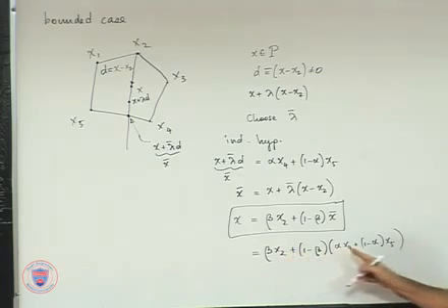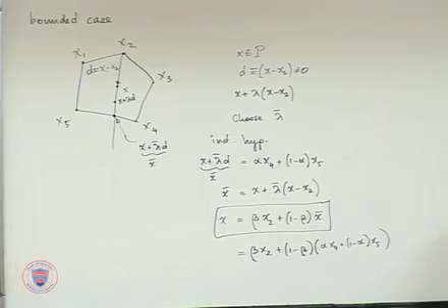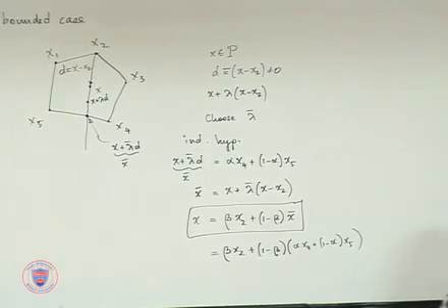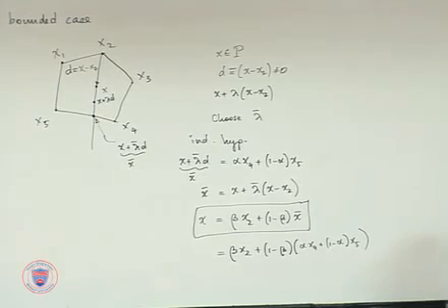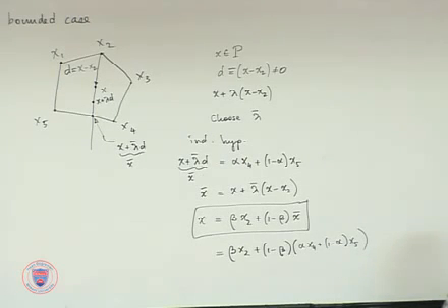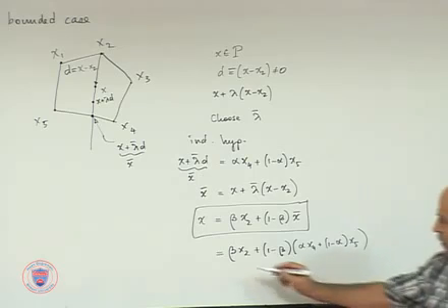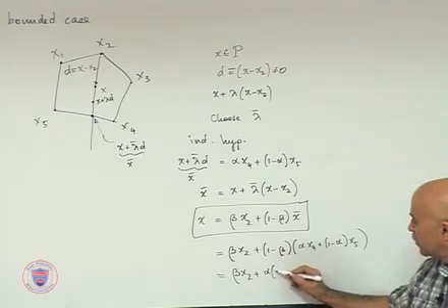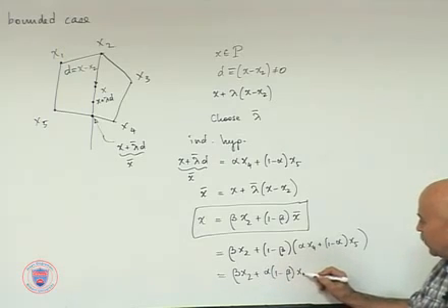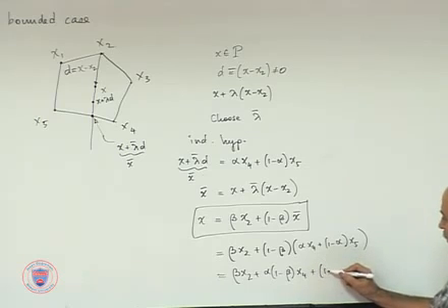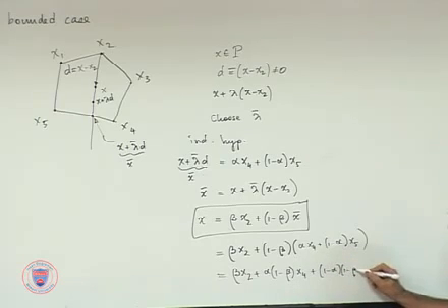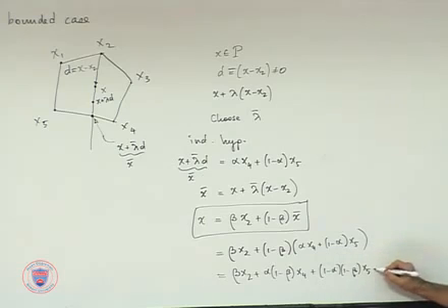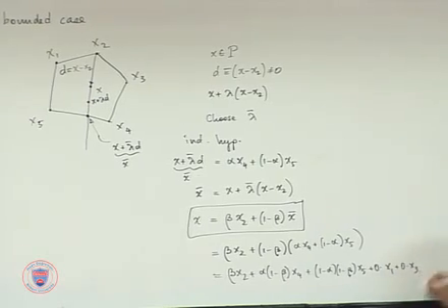So everything here is an extreme point. So the multipliers in front of those extreme points better satisfy the 0, 1 interval requirement, plus they should add up to 1. Do we have that? Beta x2 plus alpha times 1 minus beta x4 plus 1 minus alpha, 1 minus beta x5, plus, of course, 0 times x1 plus 0 times x3. Okay? The missing ones.